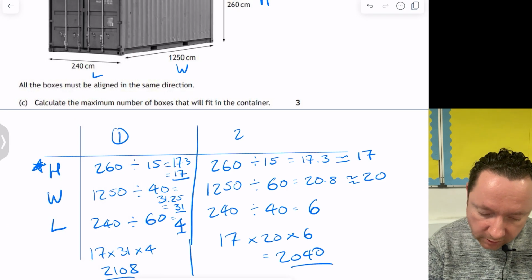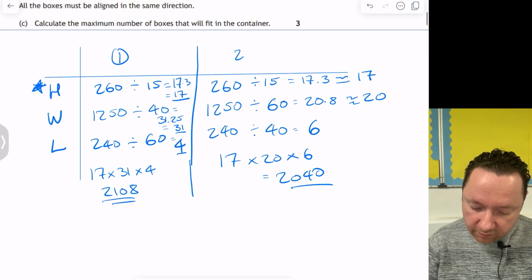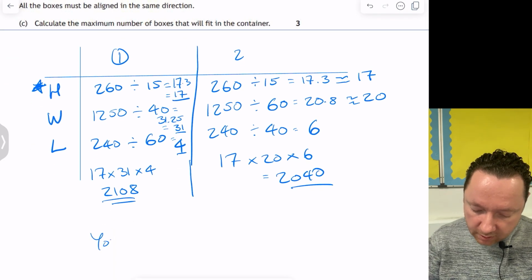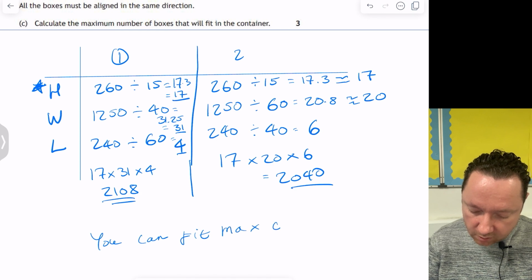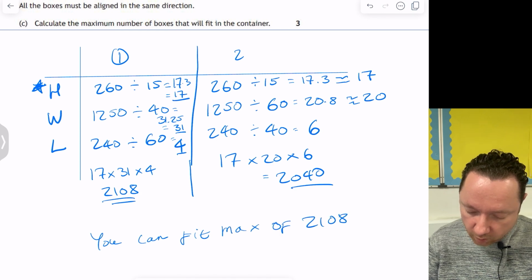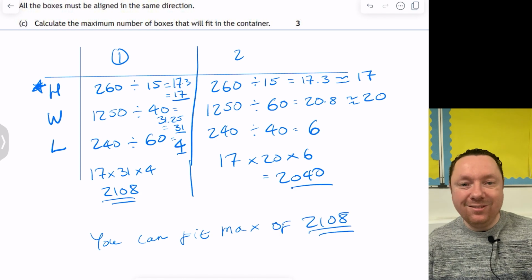So now to answer the question, what's the maximum number of boxes you can fit in the container? You can fit a max of 2108, the bigger number, and we're done there.